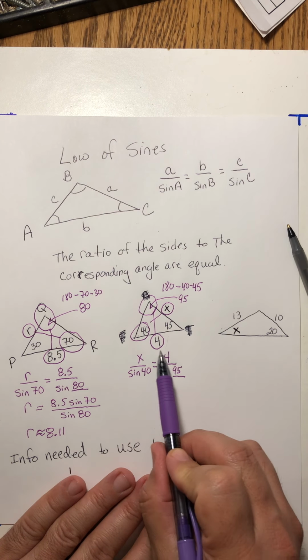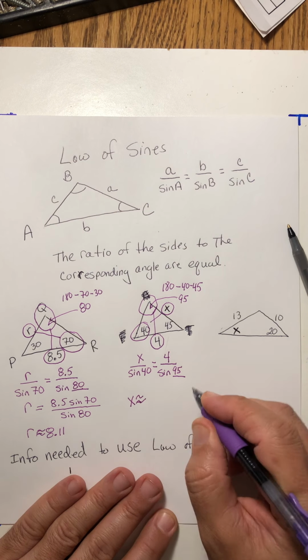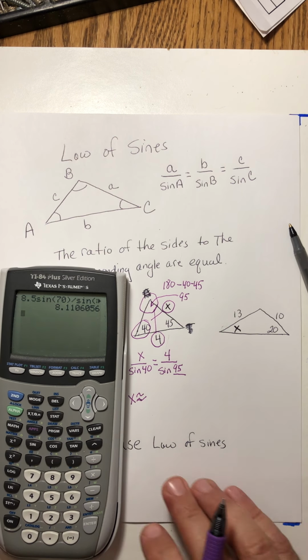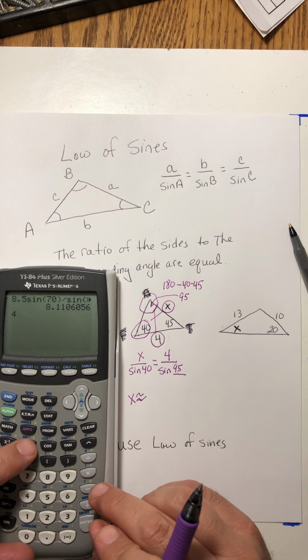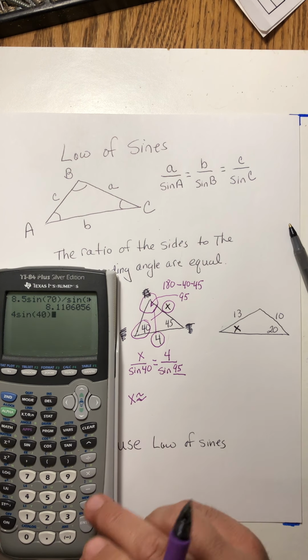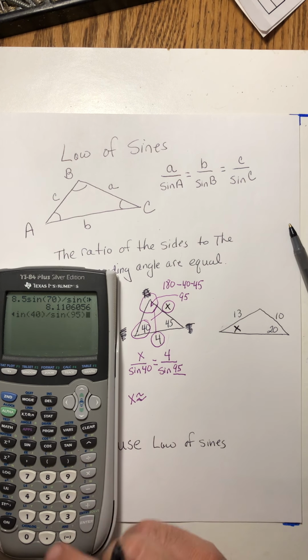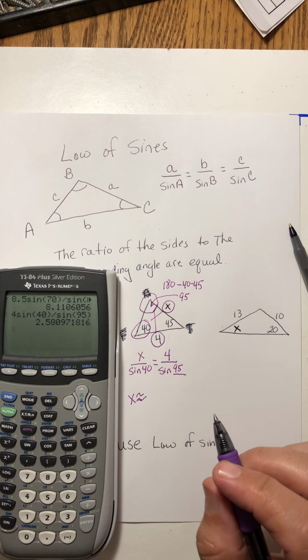You should be able to go from here, type right into your calculator, and we'll round off to the nearest hundredth again. So here I am, right in my calculator, 4 sine of 40, close parentheses, divided by sine of 95. Close parentheses, hit enter, and there I go, 2.58.